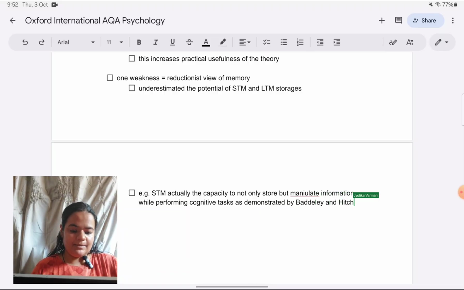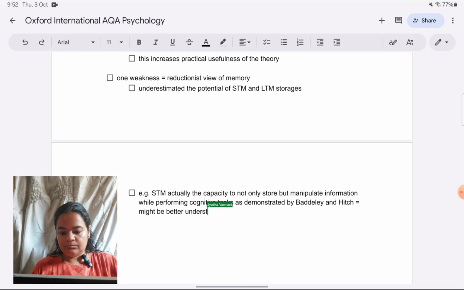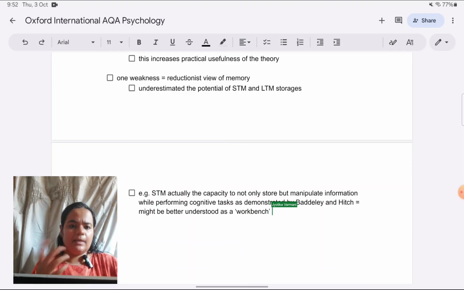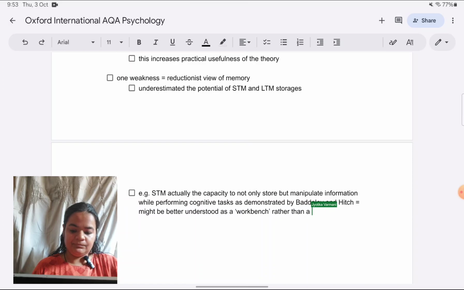So it might be better understood as a workbench that helps to work in arithmetic, comprehension of material. You can give some examples, rather than just a passive storage.